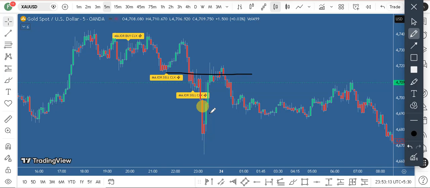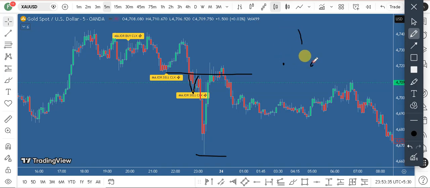So for me, ideally, I prefer a swing low between 2 points and a swing high between 2 points. This would be a high and this would be a low.